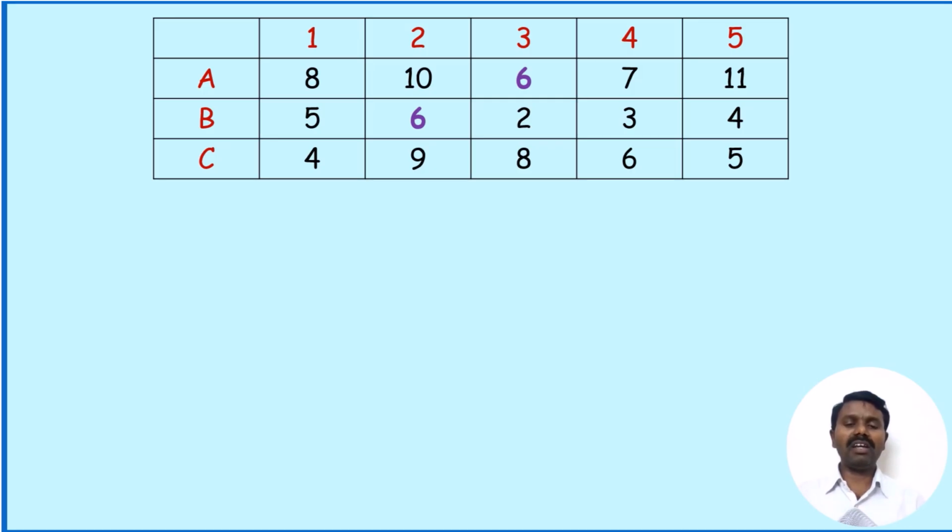Now the minimum times: the minimum time in A is 6 minutes, in B it is 2 minutes, and in C it is 4 minutes. If you observe properly, the maximum processing time of mission B is 6, which is less than or equal to the minimum time in A. So B is common for A and C for combining. The applicability holds here, so we can combine.